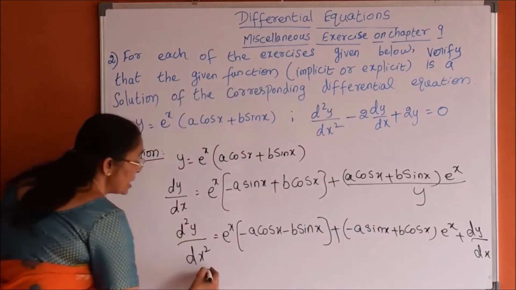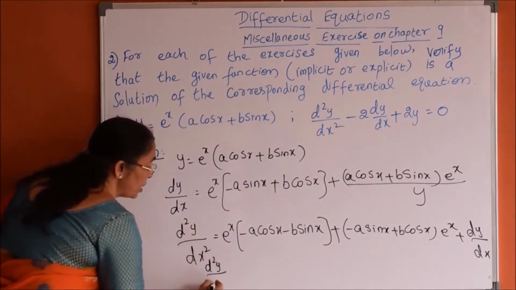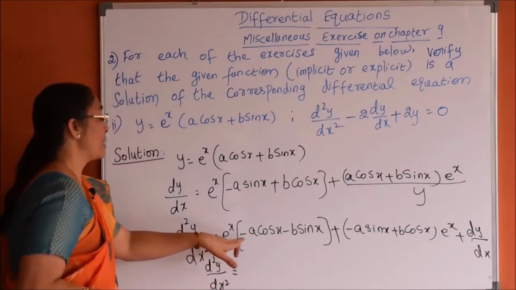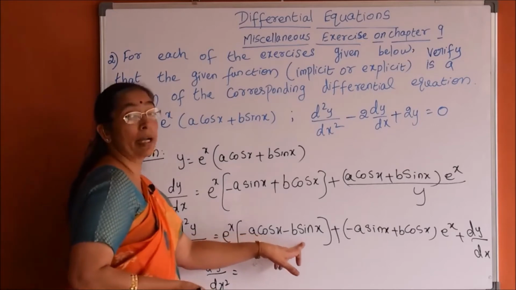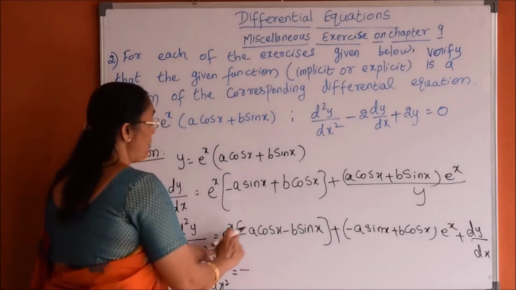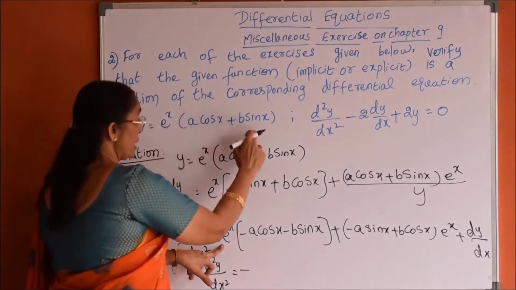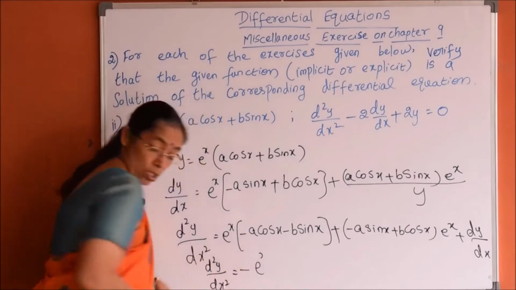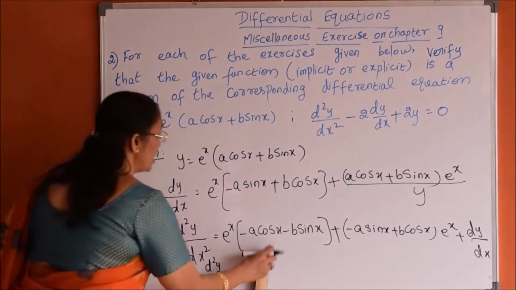Now d square y by dx square is equal to e power x into minus a cos x minus b sin x. If I take the negative sign outside, it is e power x into a cos x plus b sin x, which is y. So minus, e power x into the whole thing is y for me.